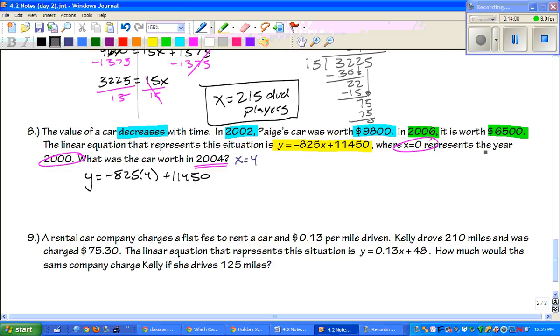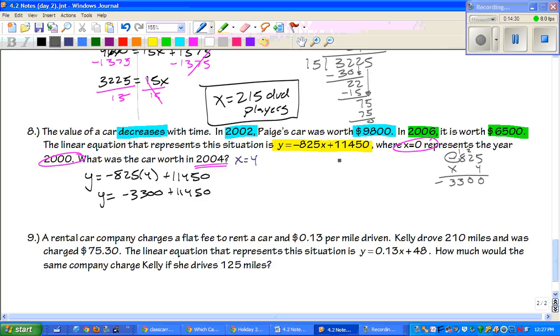Now, off to the side, we have to show our work. 825 times 4. 4 times 5 is 20, write the 0, carry the 2. 4 times 2 is 8, plus 2 is 10, write the 0. And then 4 times 8 is 32, plus 1 is 33. And that's negative. So negative $3,300 plus 11,450.